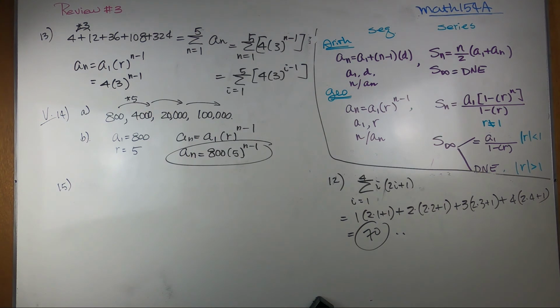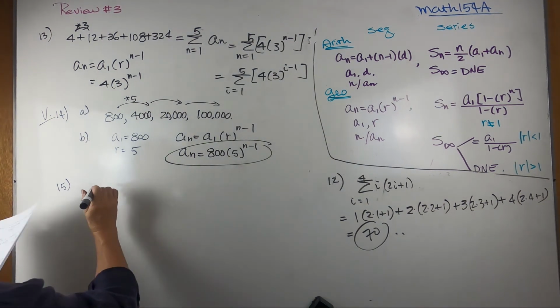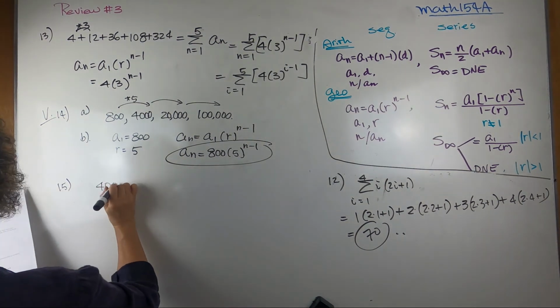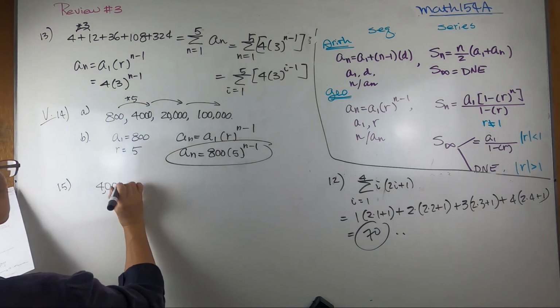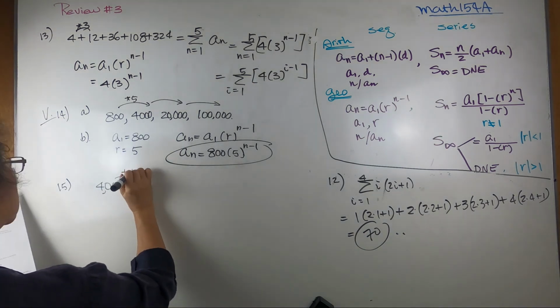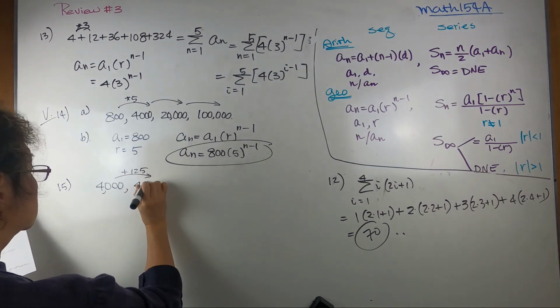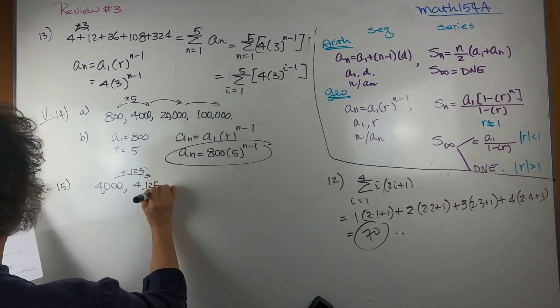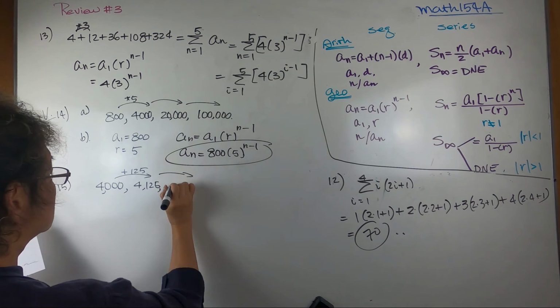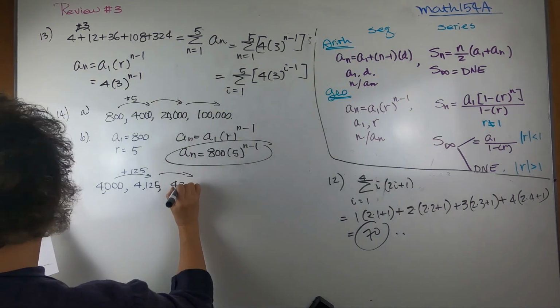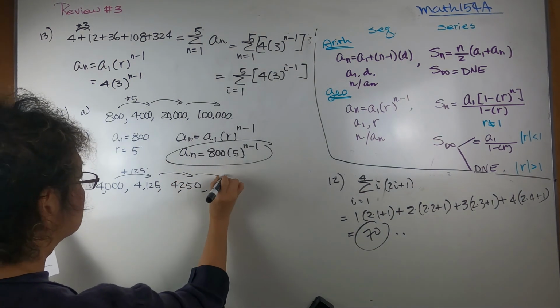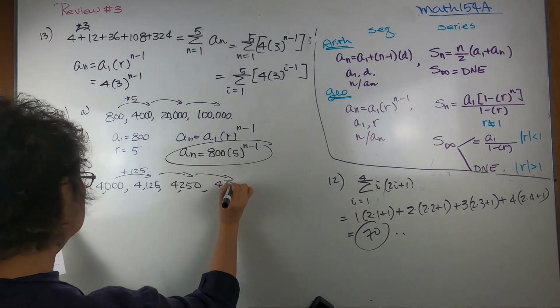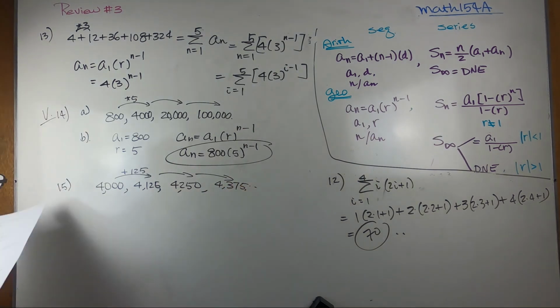Find the general term of his sequence. So what we are saying is he started from $4,000, not too bad. Then plus 125. So next month he should have 4,125, and next month do it again. He should have 4,250. Next month he should have 4,375, and so on, right?